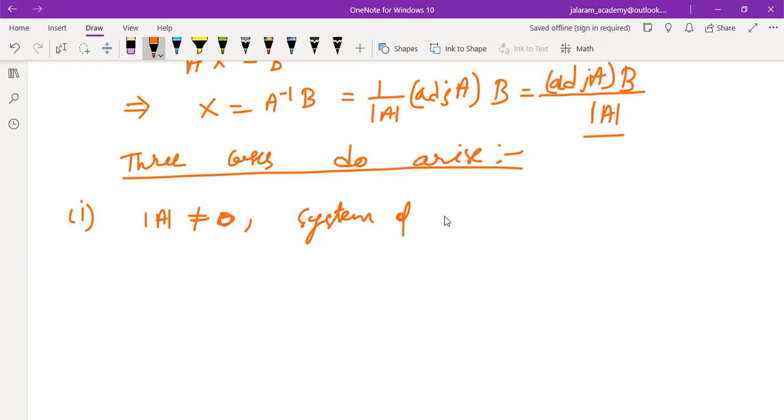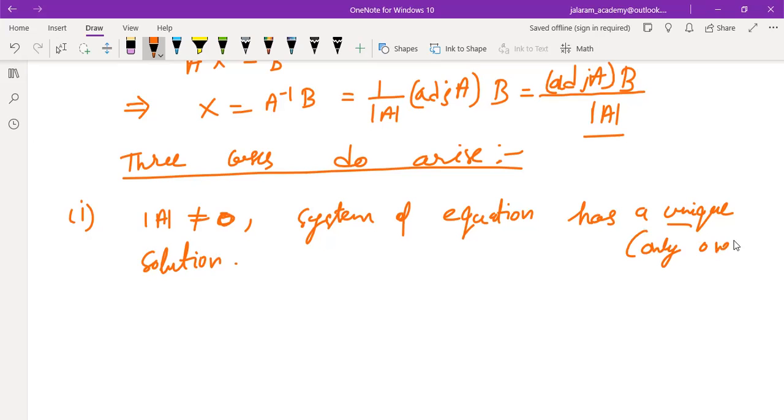Unique means only one solution will exist.